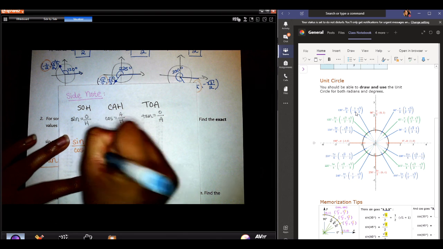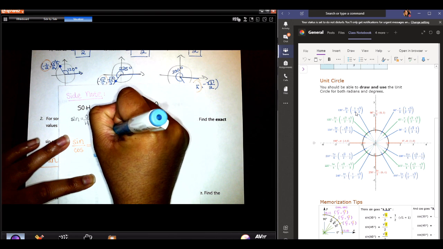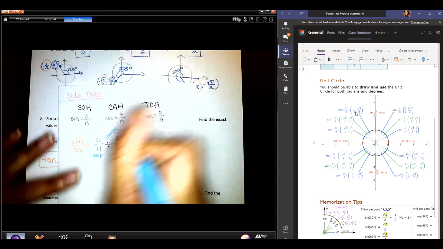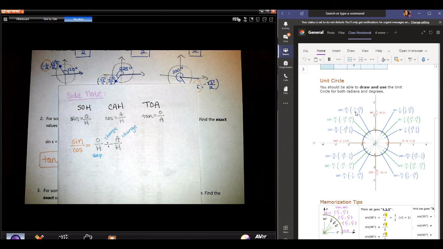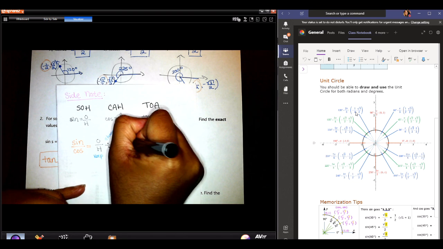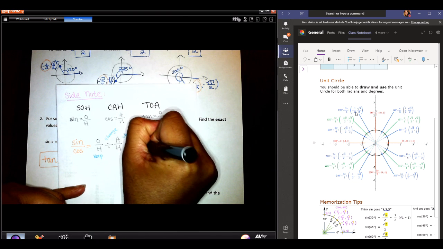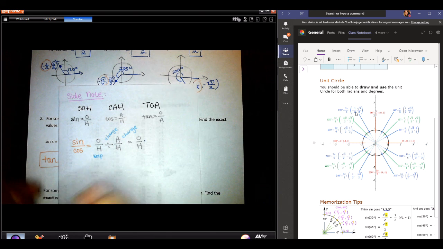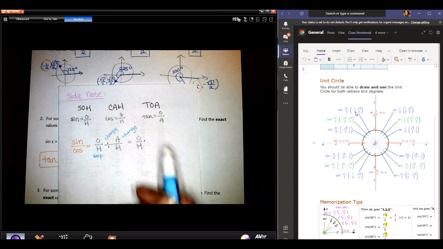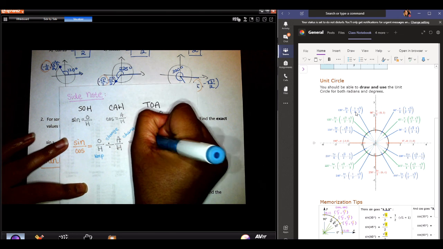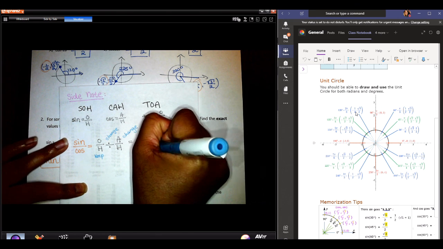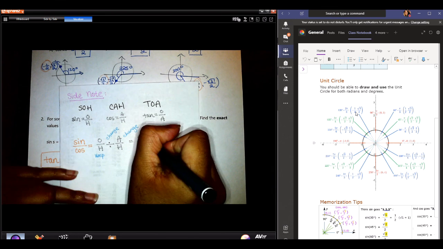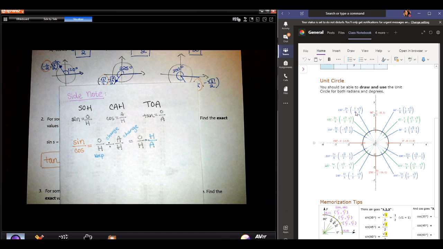We are going to do keep, change, change. Keep, change, change in this case means that we are going to end up with opposite over hypotenuse, which stays the same. The division sign turns into a multiplication sign. And the change over here is that we take the reciprocal. Multiplying by a reciprocal is another way of thinking of it. To finish this, remember we can join these whenever we're multiplying.